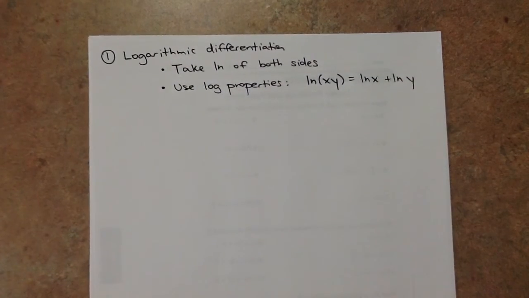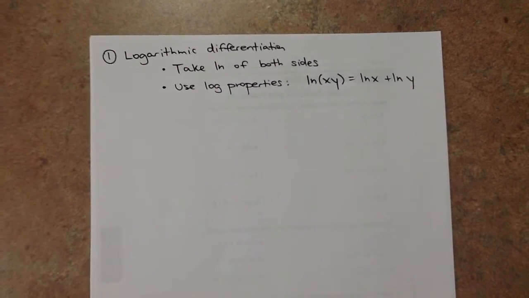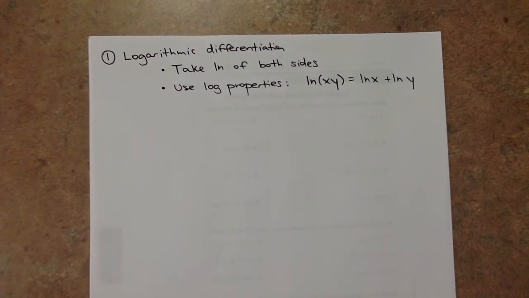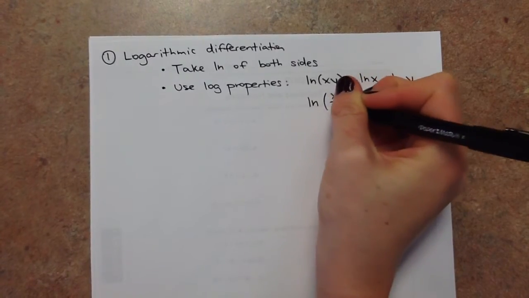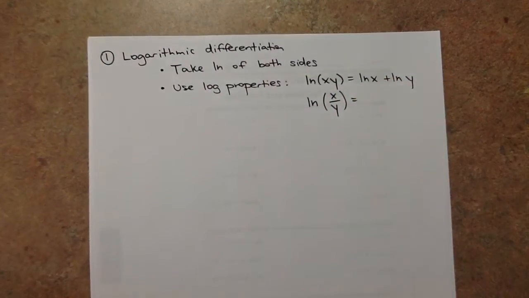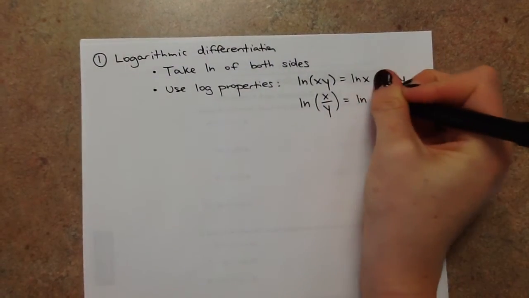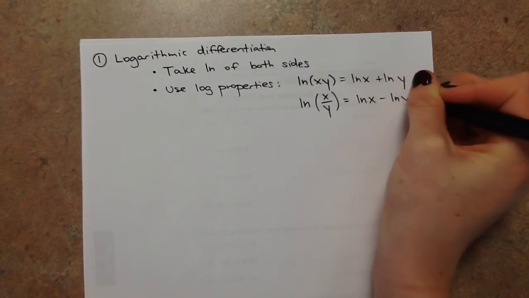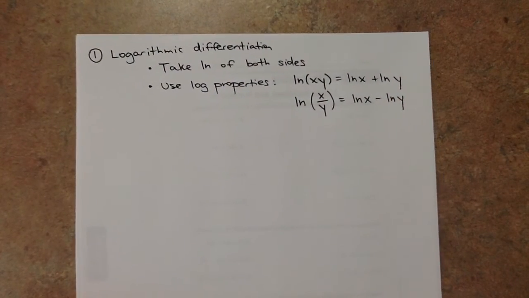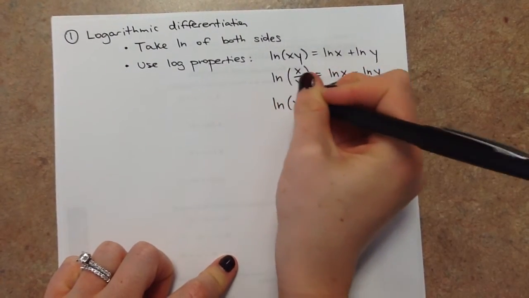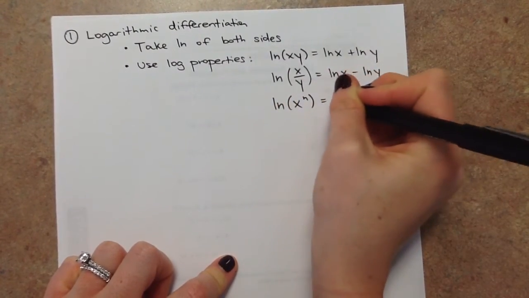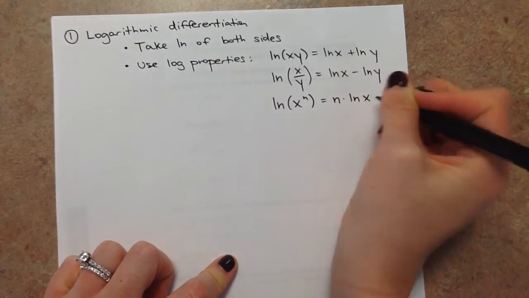So you could do that with big expressions, like if you had an x plus 3, x squared minus 2 or something like that. You could split it up and take the logs of both pieces. If you had any sort of ratio, the second property tells us that a quotient on the inside, you can split it up as subtraction of two separate logs. And then the last one says if you've got an exponent on the inside, you can move it out front as a coefficient.